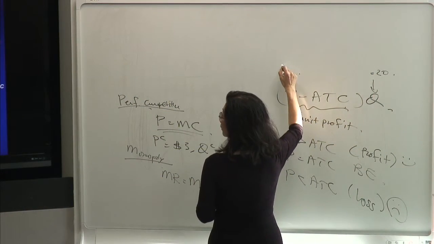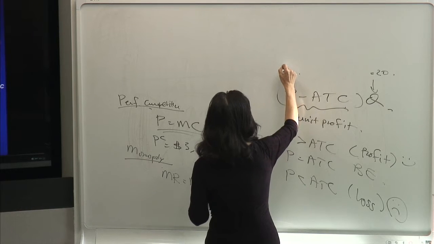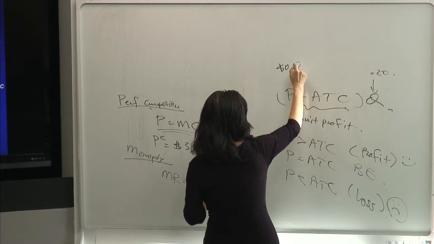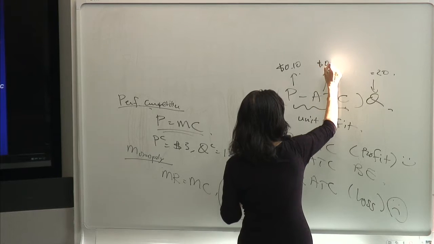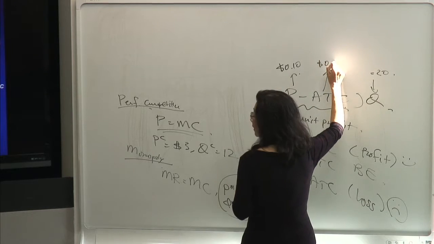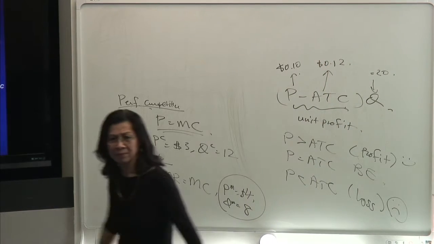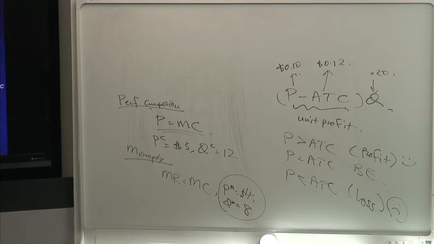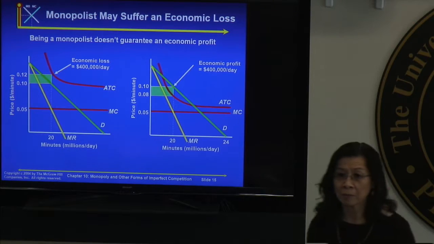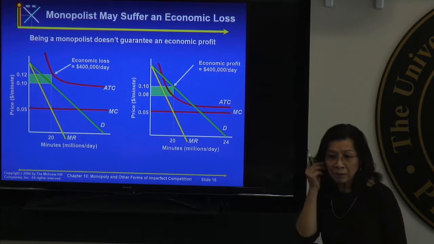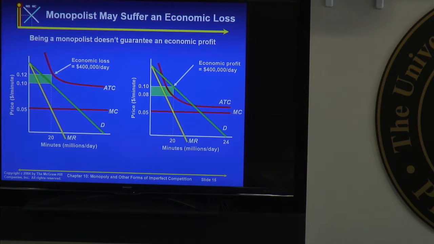Somebody tell me quickly, what's the price? 10 cents, very good. What's the ATC? 12 cents, right? So ATC is higher than price. Derek, you look confused. Any questions? Okay, very good. So that's your loss.